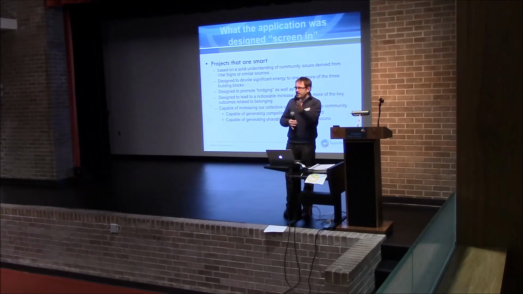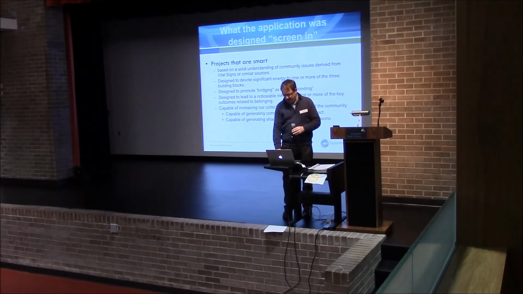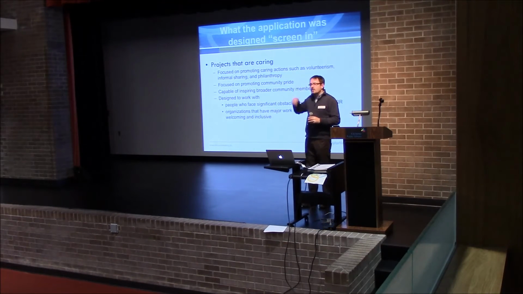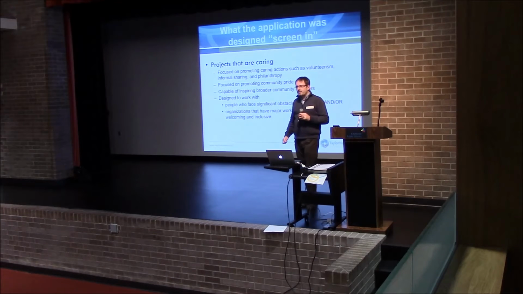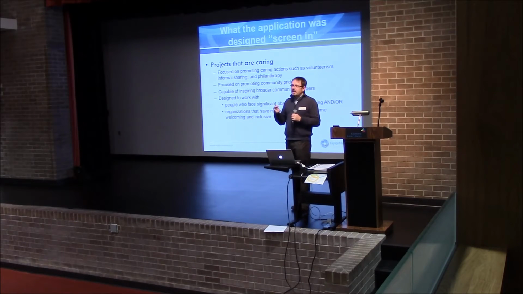This varies a little bit depending on which stream you're applying to, of course. Capable of increasing our understanding of the issues. That's what they mean by SMART grants. I will put all these slides out through an email and PDF form. I'm skipping through these quickly because this is background information that I think is available elsewhere. But there are cues out there as to how to communicate your focus.